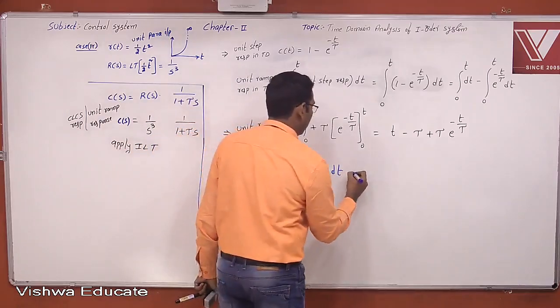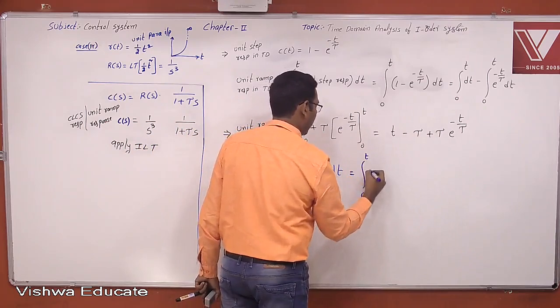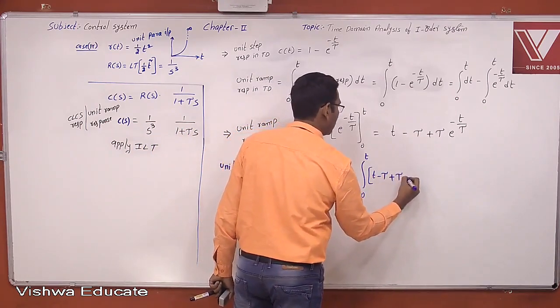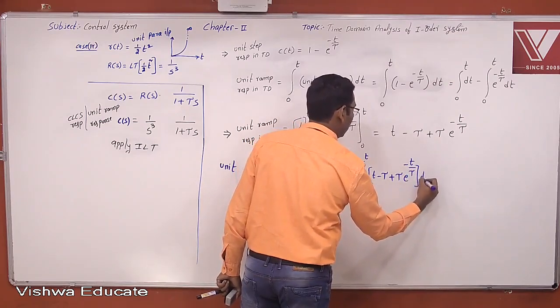So which is nothing but the integration from 0 to t of the unit ramp response, which is t minus tau plus tau into e power minus t by tau, into dt.